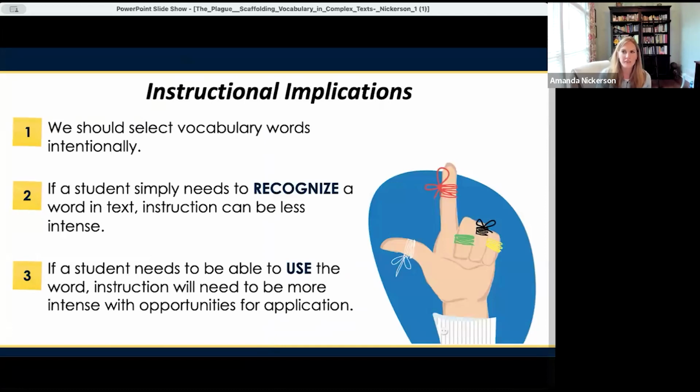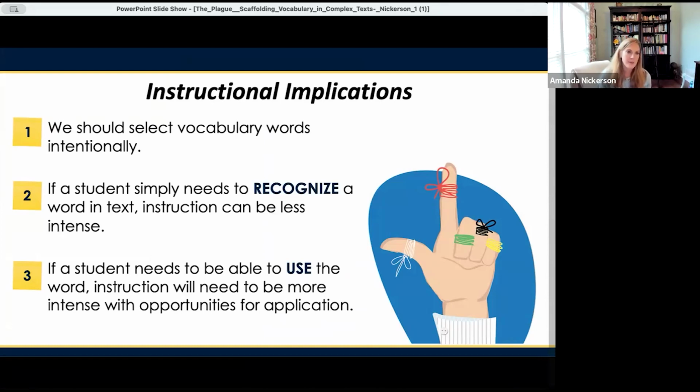So there are just a few instructional implications that I just want to drive home before we open things up for Q&A. And the big takeaways are, we want to select our vocabulary words very intentionally. We want to make sure that we're thinking about the ones that are going to give us the most mileage, the most utility.